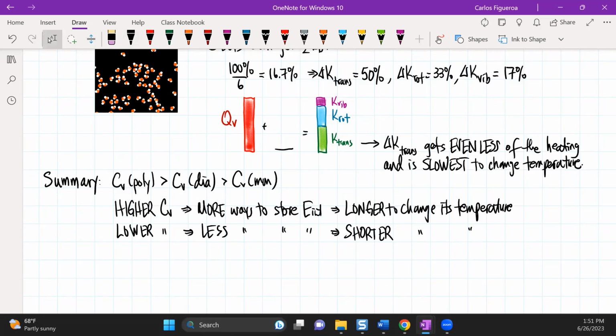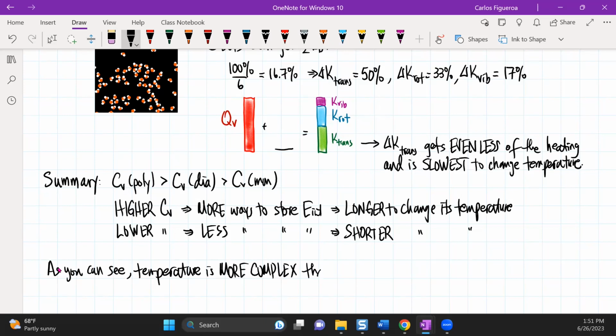Now, as you can see, temperature is more complex than just a measure of hotness and coldness.